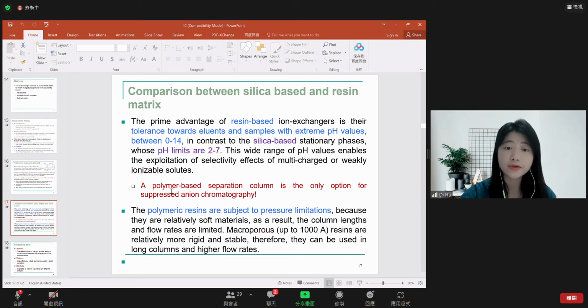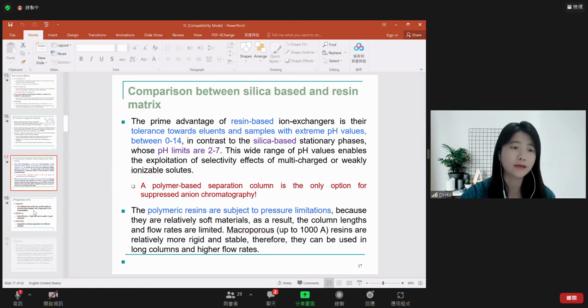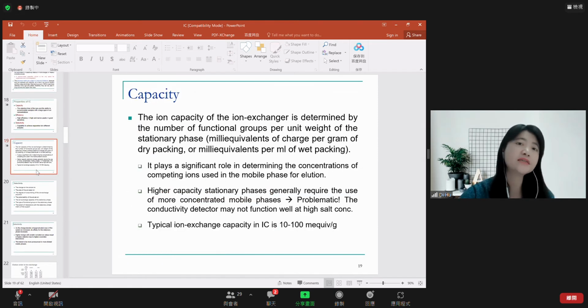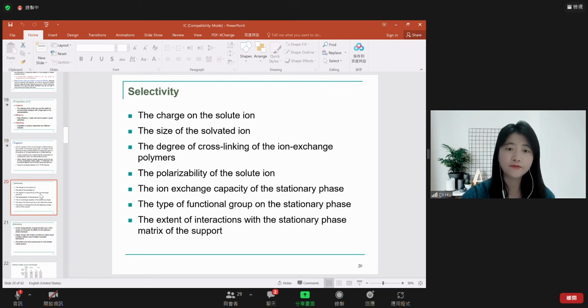That is why the polymer-based separation column is the only option for suppressed ion chromatography. By now all of you should know what suppressed means, right? Suppression is for the conductivity detector, and that is why we have to use a suppressor.